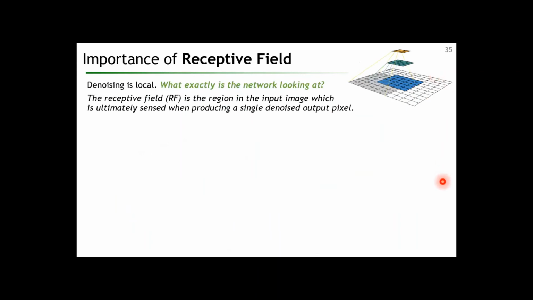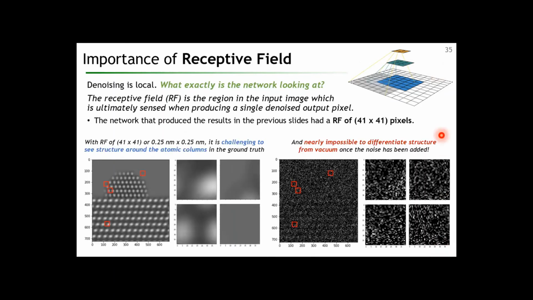What I want to talk about in more depth is some of the lessons that we've learned. One of them was that we need to tune the receptive field of the network, or the field of view, appropriately to achieve good denoising performance. And the receptive field, like I said, there's multiple convolutional layers in this network. So the receptive field is basically how big is the original area that eventually gets fed into the smallest layer of the network.